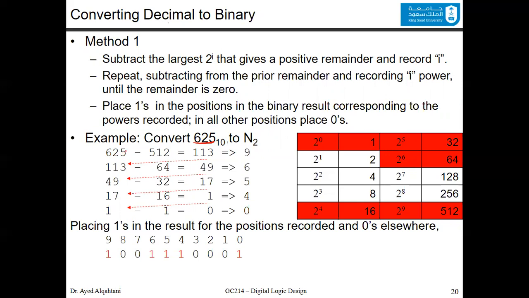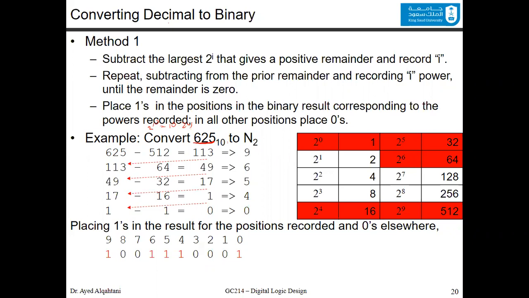What is the largest power of 2 that, if we subtract it from this number, gives a positive remainder? We can't say it's 2 to the 10, which is 1024, because if we do this subtraction, 625 minus 1024, you will get a negative remainder.